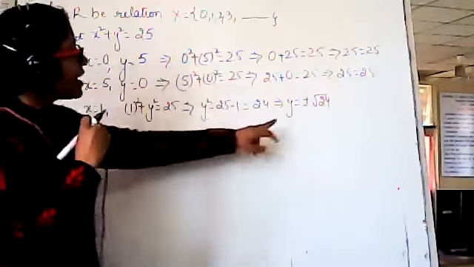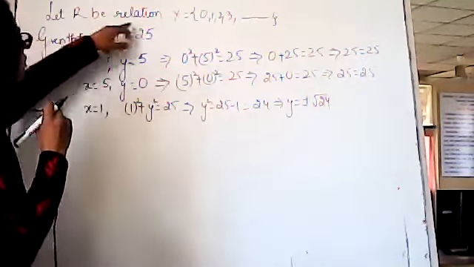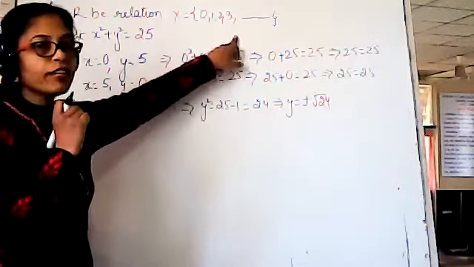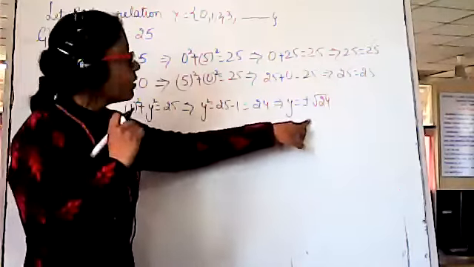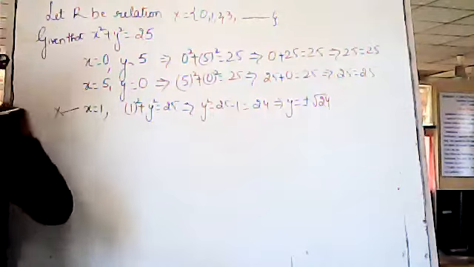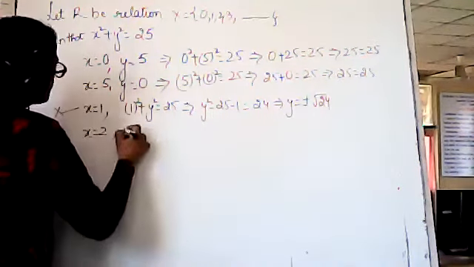So the value of y will be plus minus under root of 24. But we are given that our set is the set of positive integers. So we cannot have this term. Therefore x is equals to 1 is not possible. Similarly, if we take x is equals to 2, substitute the values.